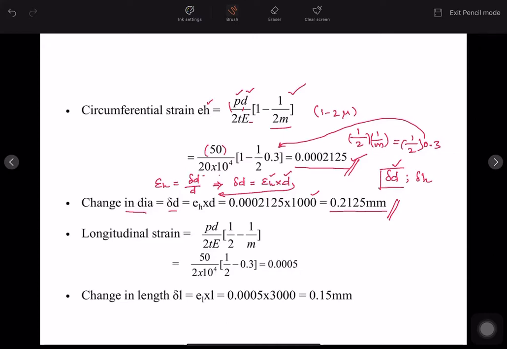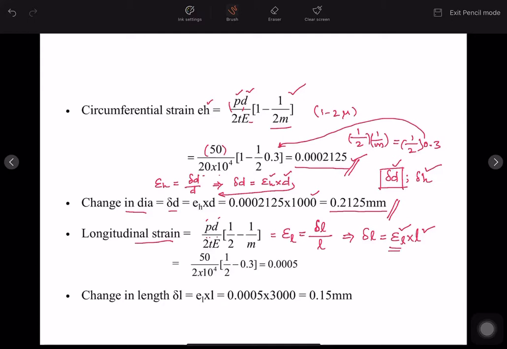Next is this. Longitudinal strain involves change in length, which is delta L by L, which can be written as delta L equals epsilon L into L. Now we need to know epsilon L. Earlier we saw the equation for longitudinal strain, which is PD by 2TE into 1 by 2 minus 1 by m.